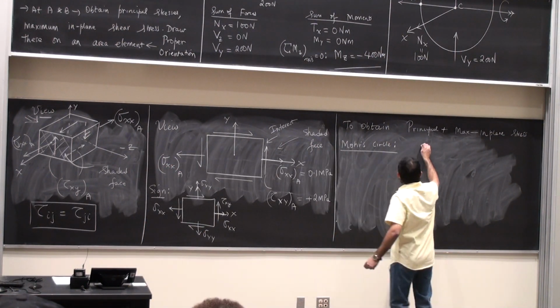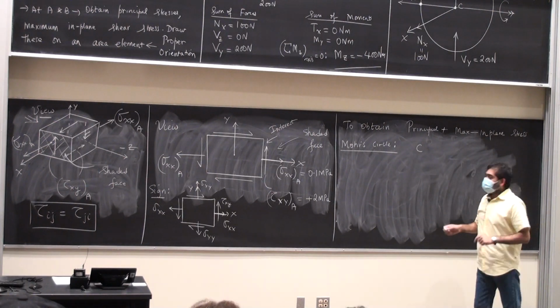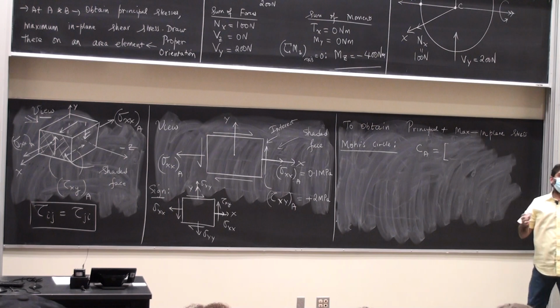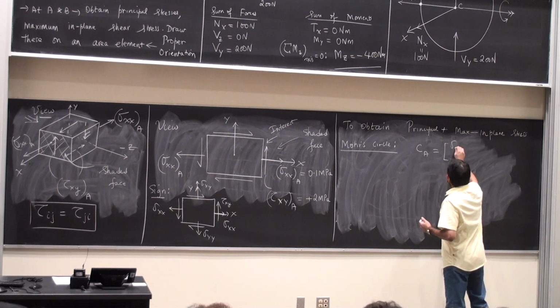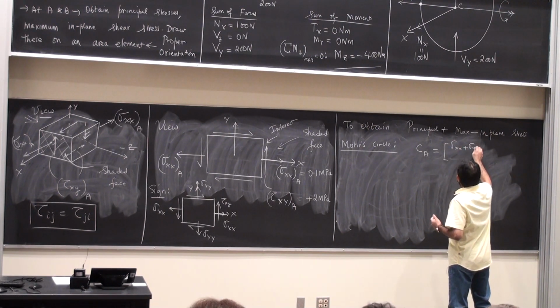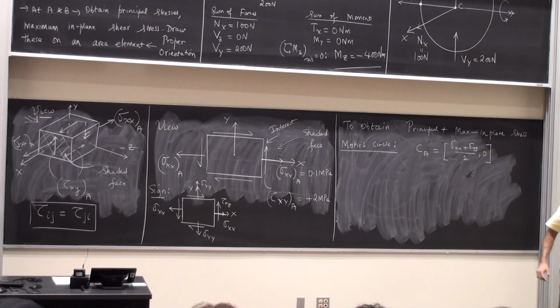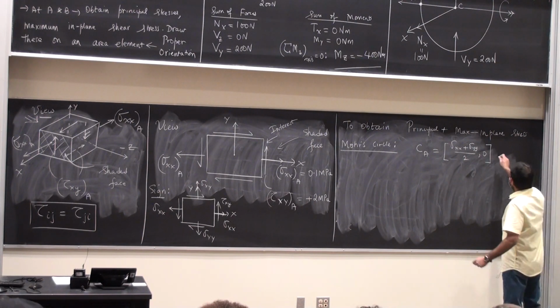So C for the point A is going to be sigma xx plus sigma yy by 2, comma 0. Okay. And sigma yy is 0. Sigma xx is 0.1. So this is 0.05 megapascals and 0.